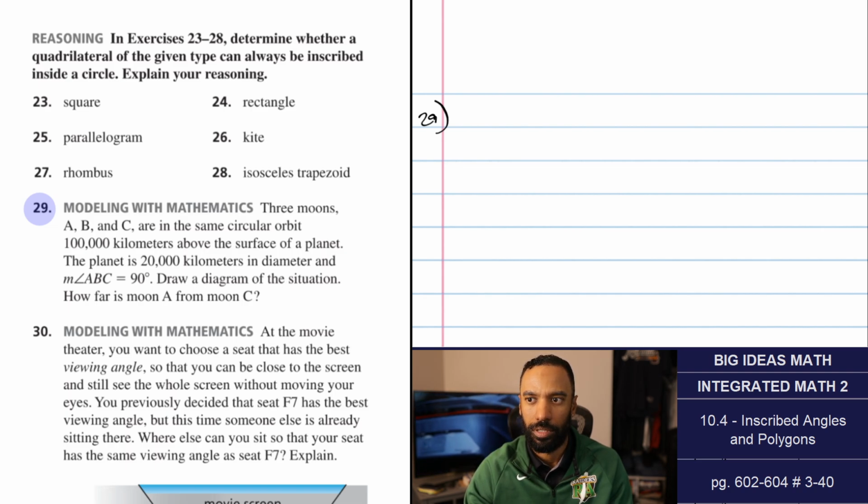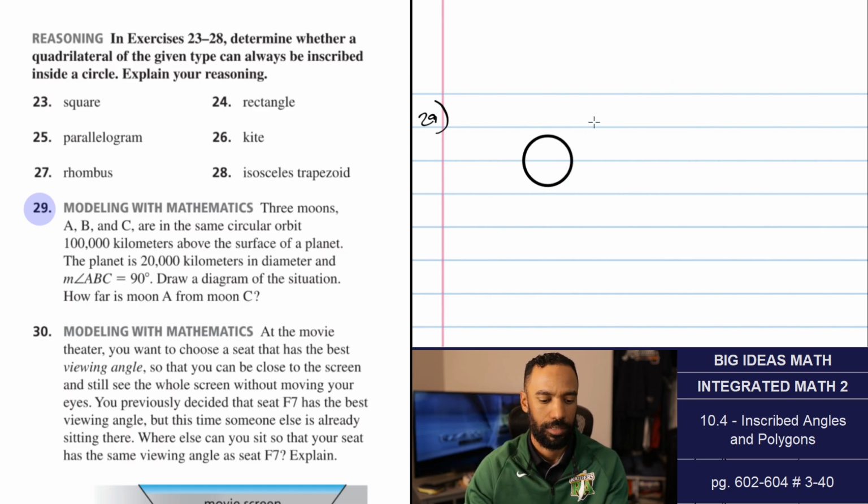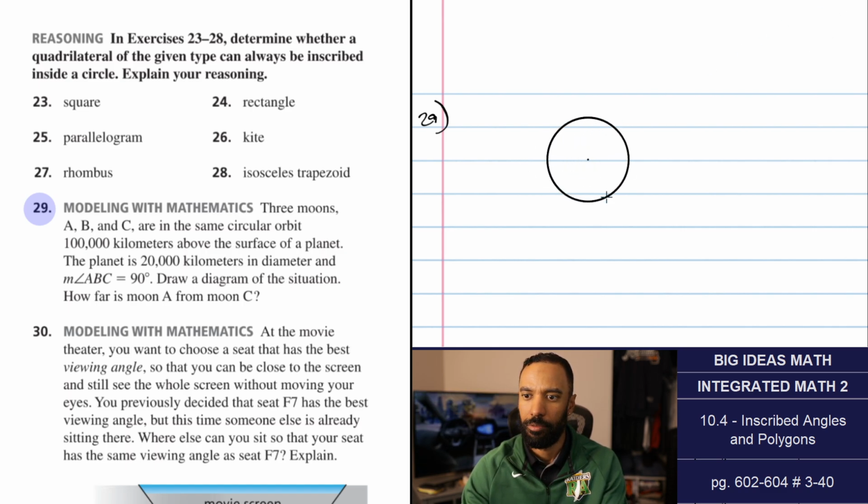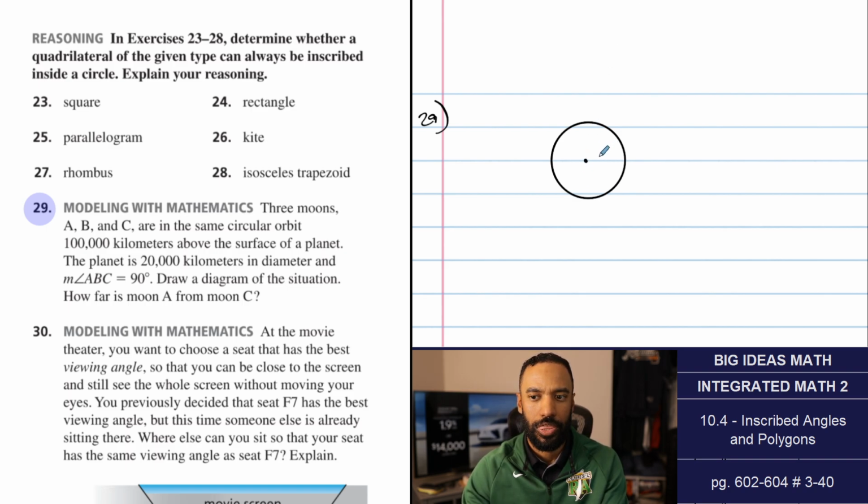So I have a planet here. That was about its center. This diameter, and let's go horizontal across, makes it a little easier. This diameter here is 20,000 kilometers.